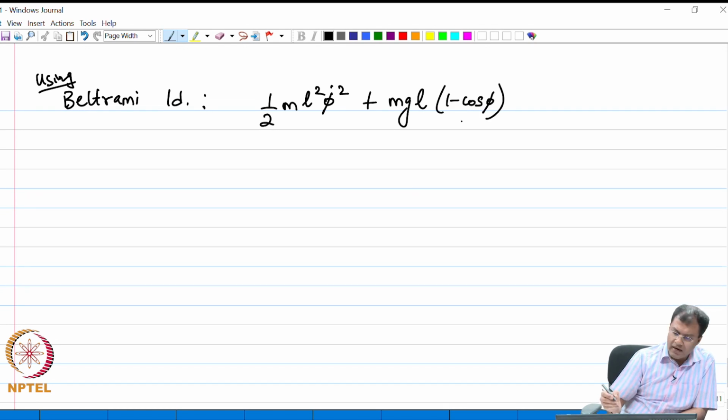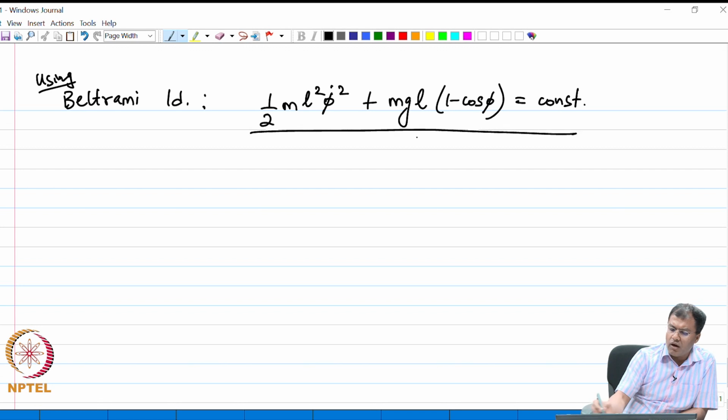So, that is my Beltrami identity, which says the sum of the kinetic energy plus the potential energy will be a constant, or the conservation of energy. So, what it says is now that the extremal phi is going to satisfy this conservation of energy. The next step involves trying to remove the constants as much as possible.